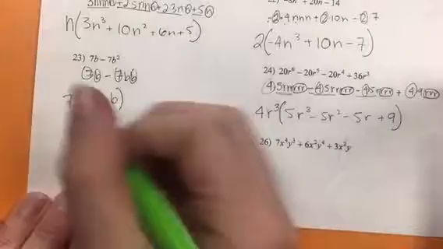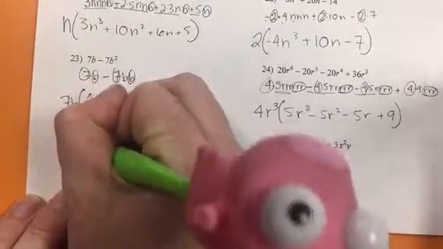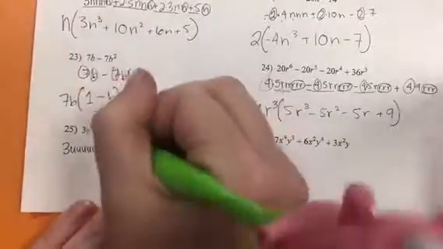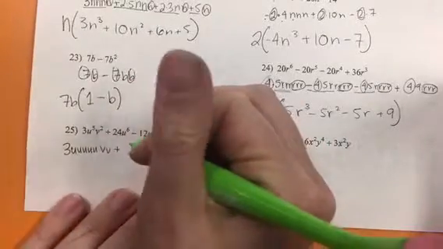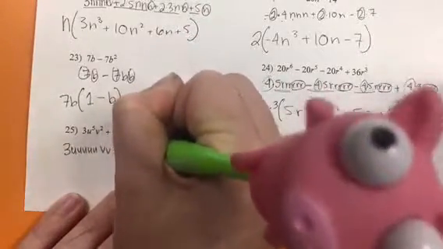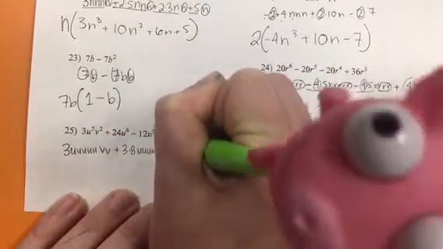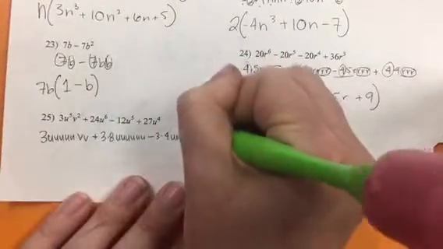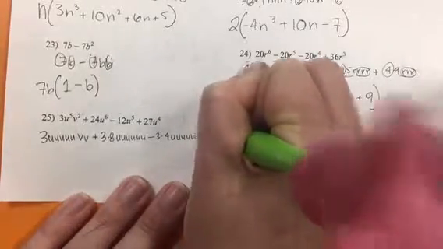3, 24, 12, and 27. So I have a 3 with 5 u's and 2 v's plus, let's do 3 times 8, with 6 u's, minus 3 times 4, with 5 u's, plus 3 times 9, with 4 u's.